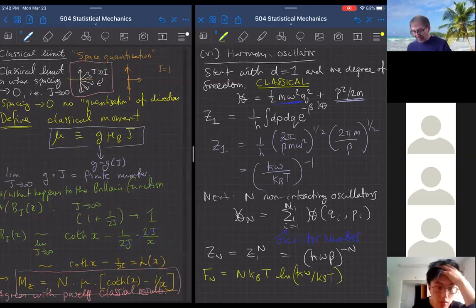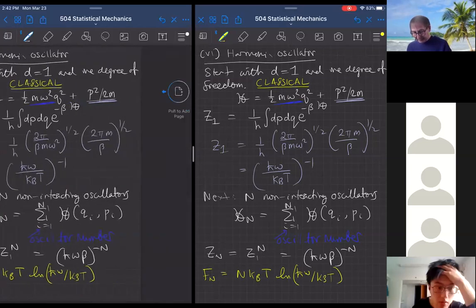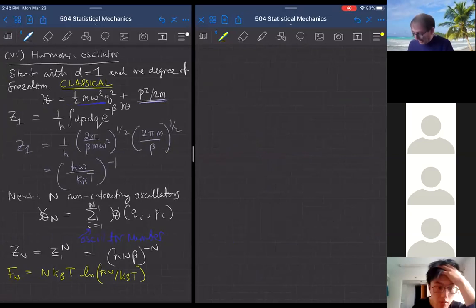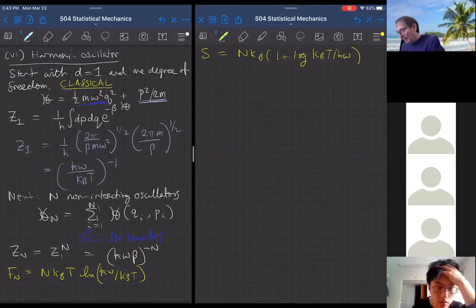And then once I know that, I can compute the entropy. And then the internal energy from the free energy is just dF by dT.